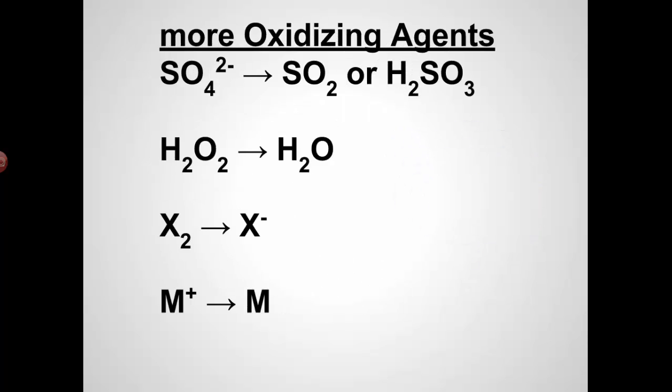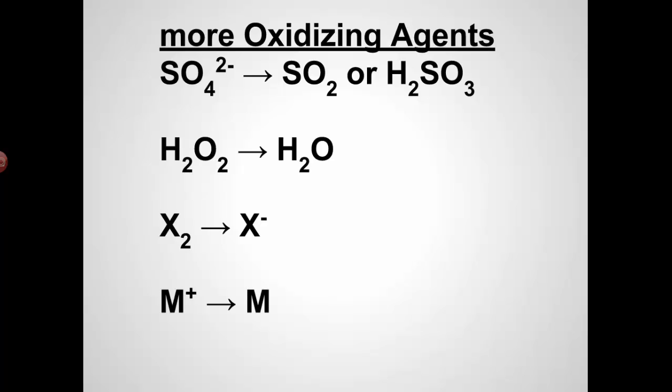Sulfate becomes SO2 or H2SO3, but you remember that H2SO3 is an unstable acid and it dissociates back into water and SO2 anyway. So sulfate turns into sulfur dioxide, or in water it can dissolve a little bit to become sulfurous acid. Hydrogen peroxide, H2O2, will turn into H2O when it acts as an oxidizing agent, when it's reduced.